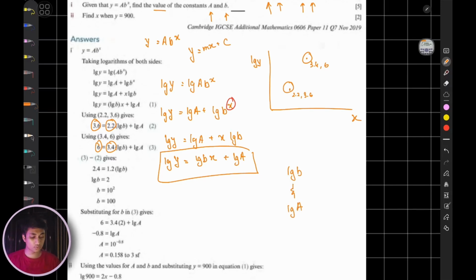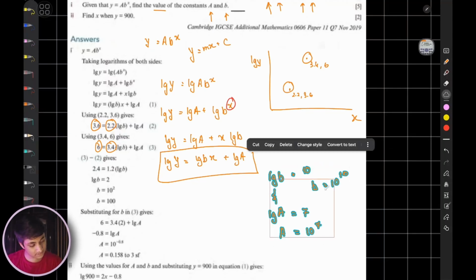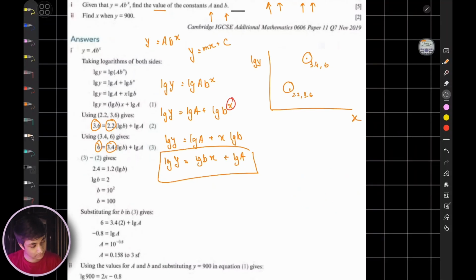If they find the value of log b, let's say it is 10, they can then find the constant b directly: b equals 10 to the power of 10. Let's say the value of log a is 7. So a is going to be 10 to the power of 7. So they're basically using simultaneous equations to solve this question, which is again something you can do as well.